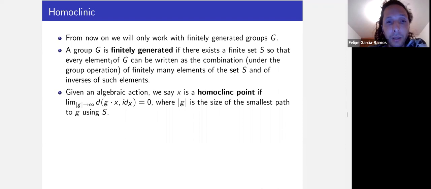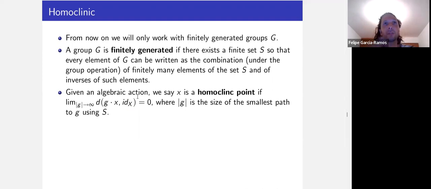And so given an algebraic action, we say x is a homoclinic point if the limit as g goes to infinity, where |g| is the size of the smallest path to g using the finite generators, in any way you escape, you converge to the identity.